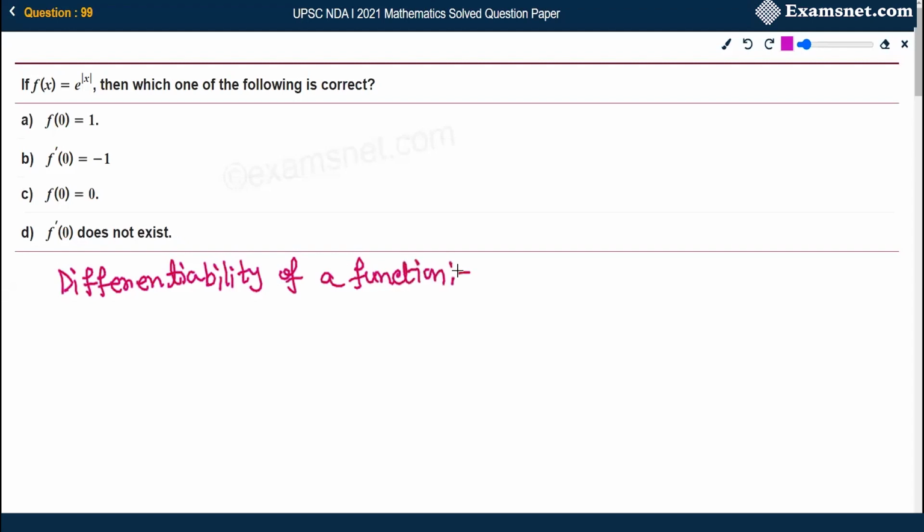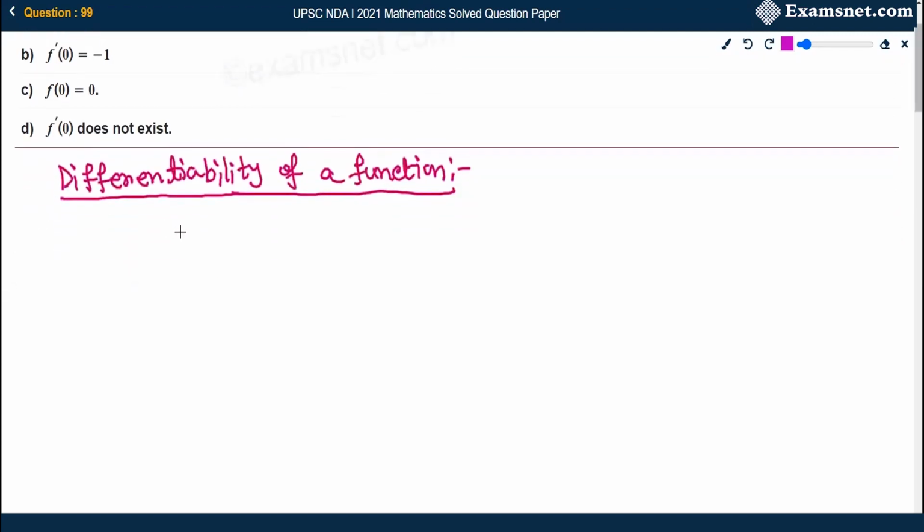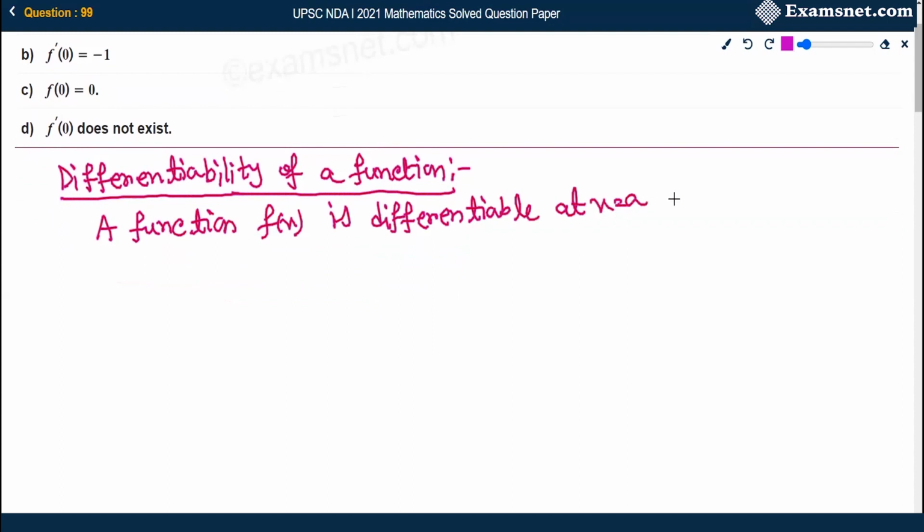A function f of x is differentiable at the point x equals a in its domain if its derivative is continuous at a.